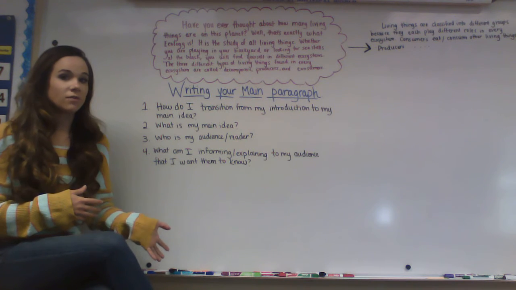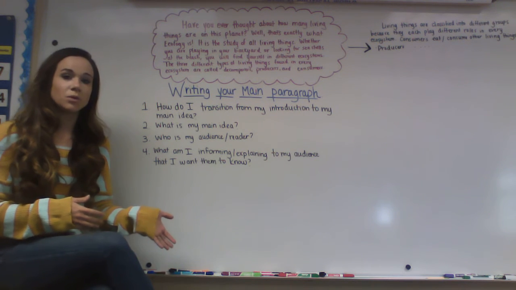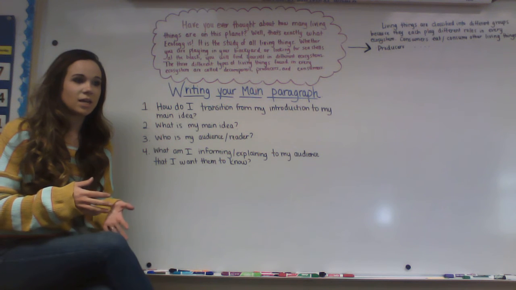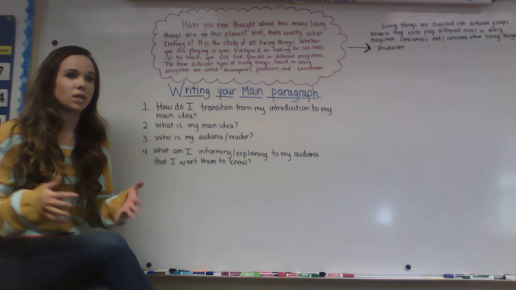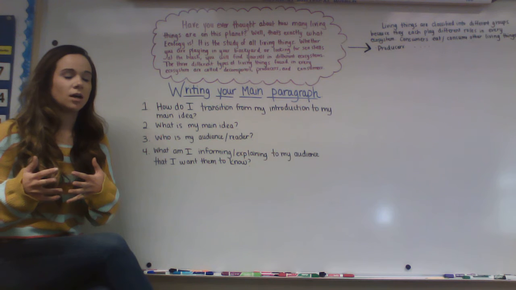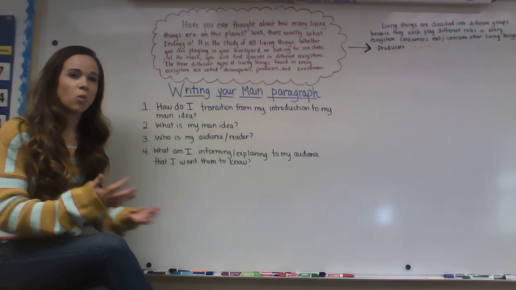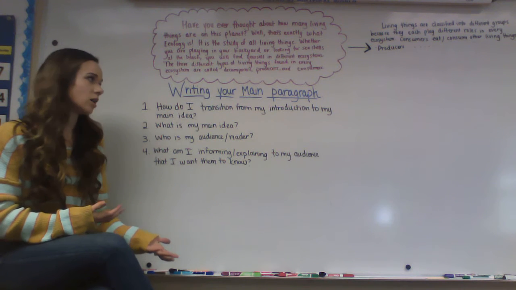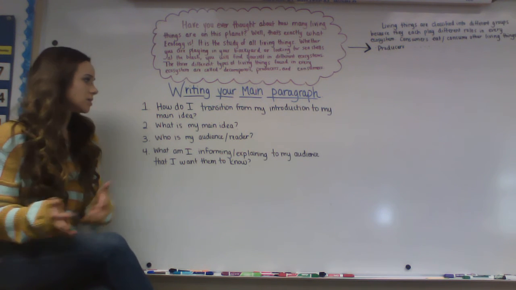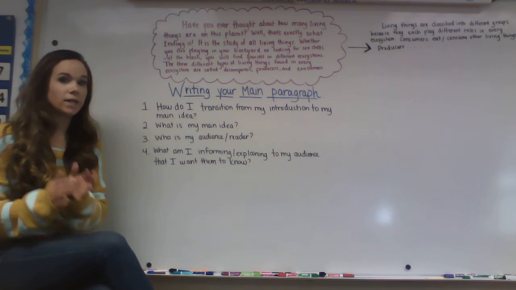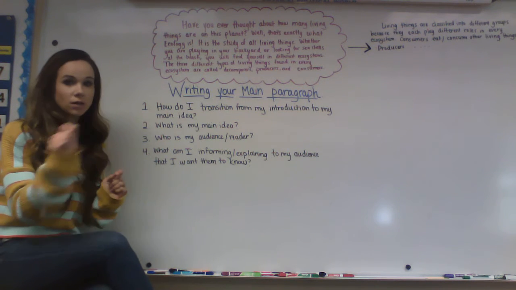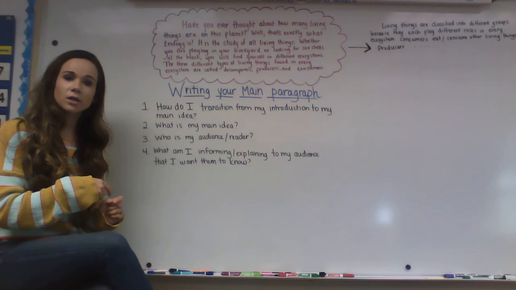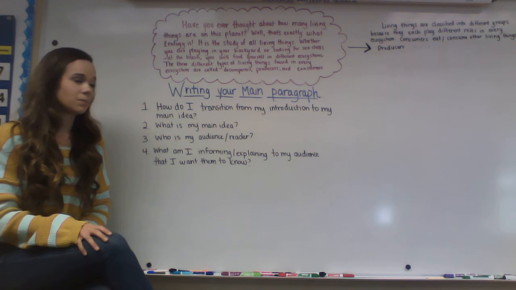But maybe you have a different main idea. Maybe you want to talk about a food chain and what's in a specific food chain and what the food chain means in an environment and why we have food chains and why all living things depend on each other. So that could be your main idea. So it's really important to know, what is my main idea? Writing down your main idea before you write your main paragraph will help you write a much stronger main paragraph.